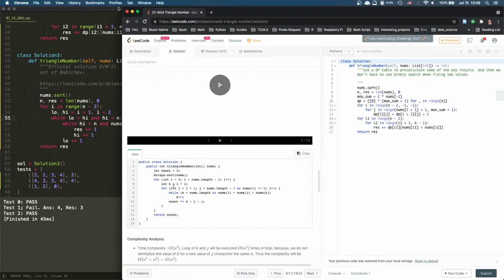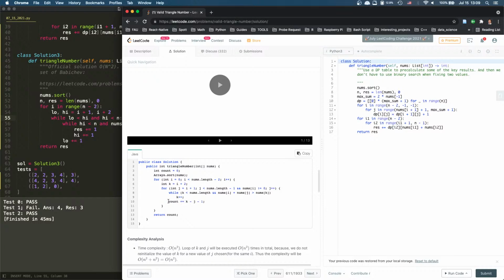All right, so i is this, k is i plus 2. For j is from here to this, and nums[i] is not equal to 0. nums[i] is not equal to 0, and j plus plus. k is smaller than this, and this plus this, and k plus plus.